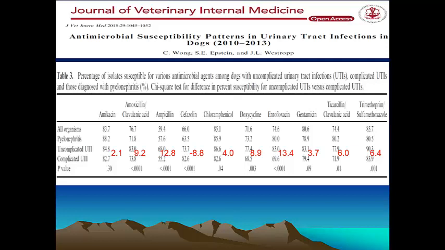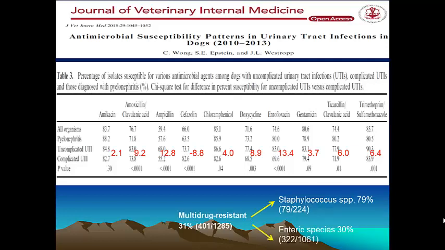Another important finding that is not showing here is that the proportion of isolates that were multi-drug resistant was very high, about 31%. And of those, 79% were Staphylococcus, and 30% were enteric species.